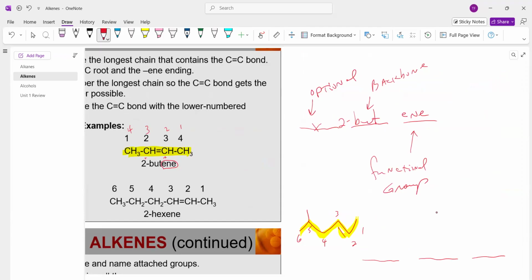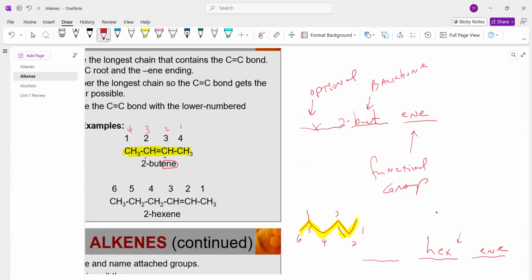So this is going to be hexene. Now, normally with everything except alkenes, we go hexa. There's an A here, but not with alkenes.